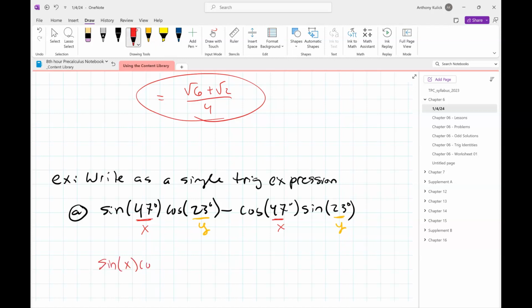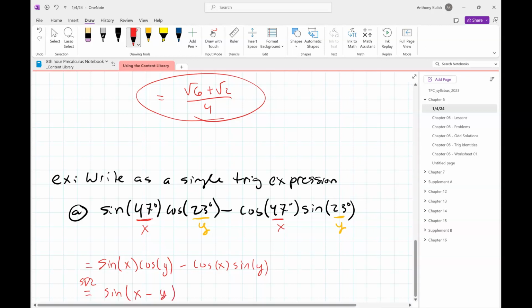So what I see is sine x times cosine y minus cosine x times sine y. So now I'm going to go to my identity sheet and see if I can find that part of an identity. Sine x times cosine y minus cosine x times sine y. Does anybody see that? That's SD2. Allows me to write that as sine x minus y.